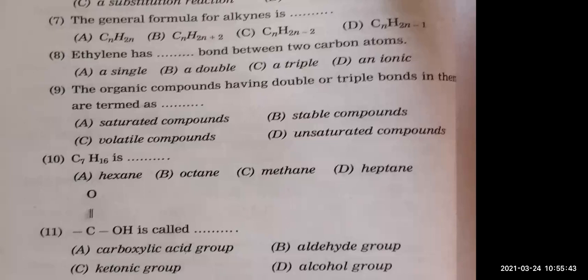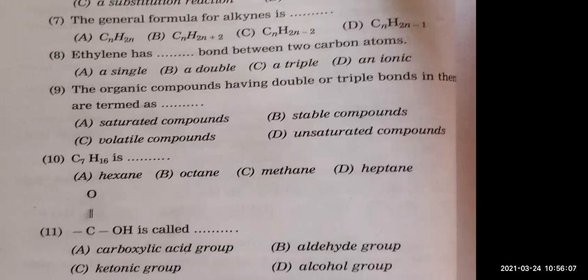C7H16 is a hexane, an octane, a methane or a heptane. Now, first of all, you can see in all the options, whatever name is given to you, ANE is there. That is the suffix for alkane. Then how many carbons are present? 7.